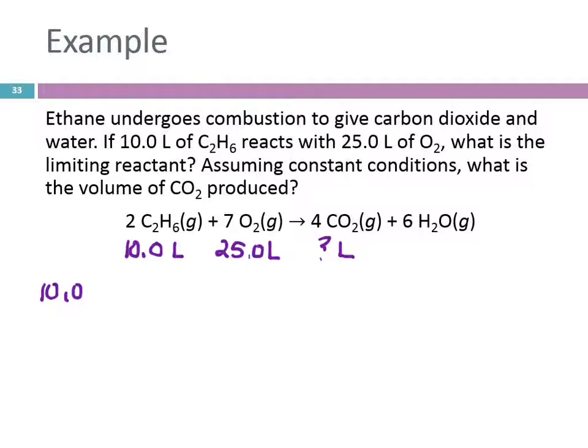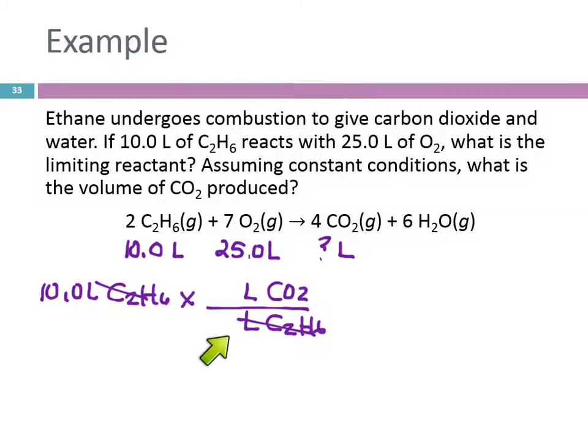So 10 liters of C2H6. Let's see if I can do it right this time. This is what we're trying to find, so we're going to liters of CO2. I'm going to divide by liters of C2H6. This volume ratio is the same as the mole ratio. It's 4 moles of CO2 to 2 moles of C2H6.